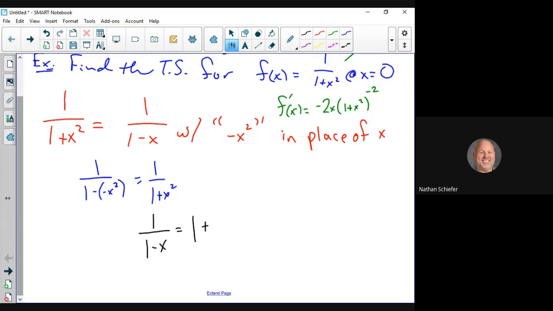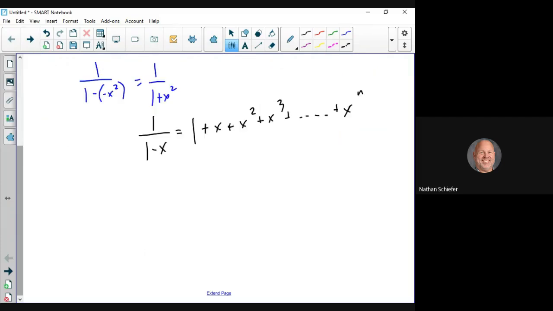So I could take the 1 over 1 minus x, which we know, what is that? 1 plus x plus x squared plus x cubed plus and so on, x to the n. And in place of the x, I could put negative x squared. Would you get that series? For sure you would. So let's do that. So in place of this x, I'm going to put a negative x squared.